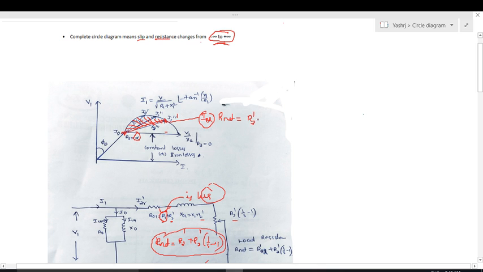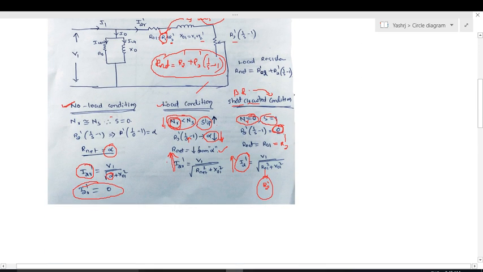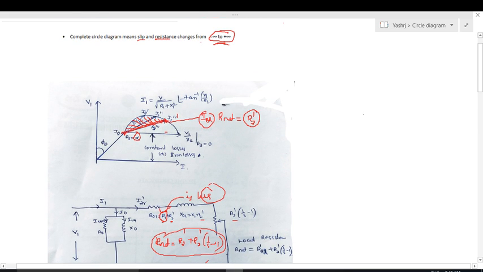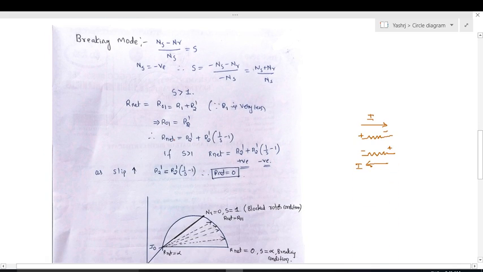It means resistance changes from infinity to R2 dash, and this is the induction motor under no load, load and short circuit conditions. This gives us this area of the circle diagram, only this area. So the remaining portion will be as shown below. Look at this one.